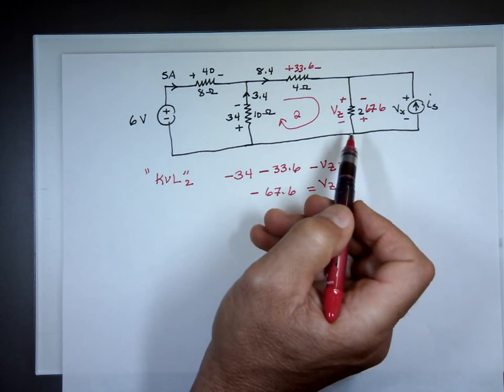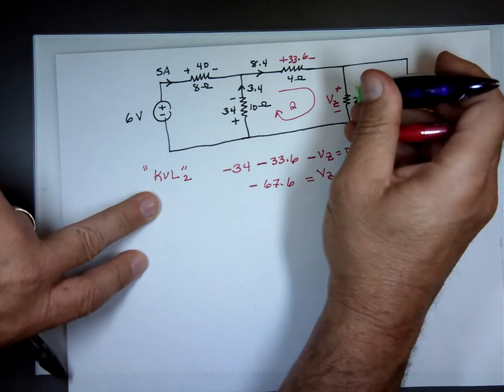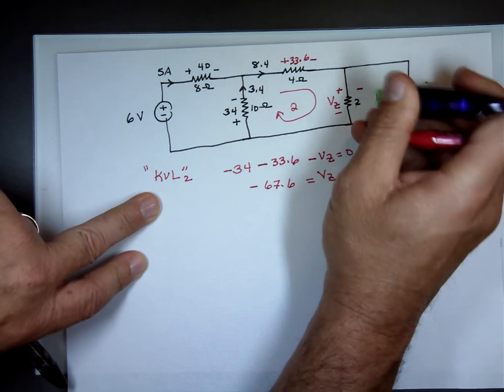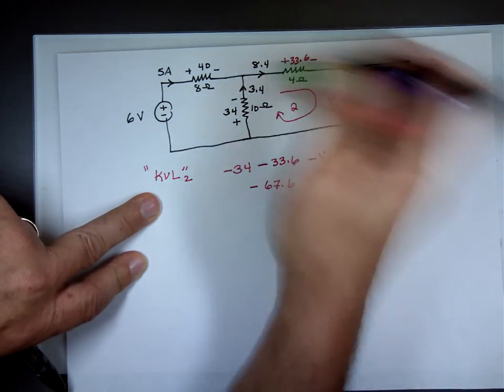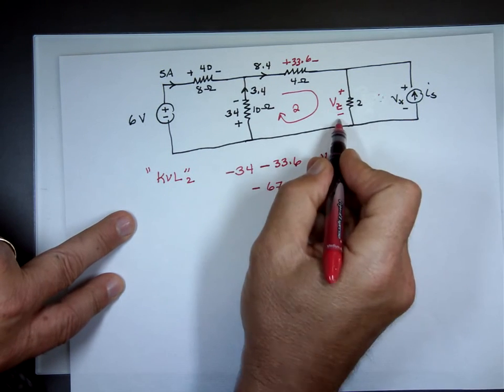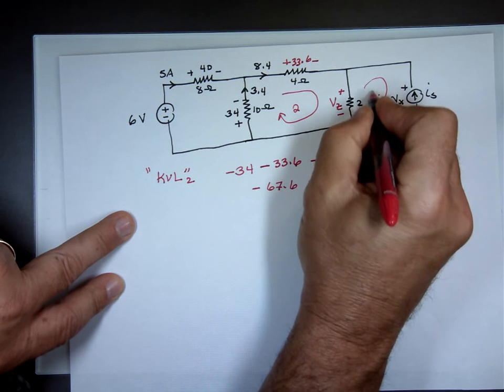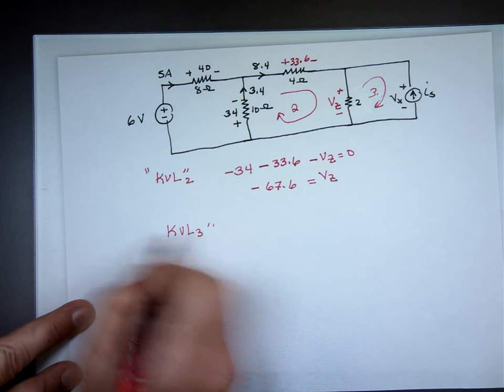And if you don't believe me, do KVL there. Take the mess out. Do this as a third loop. I want to prove to you that the voltage here is the same as VZ. There's loop 3. If I do KVL on loop 3, the sum of the voltages in a closed loop is 0.